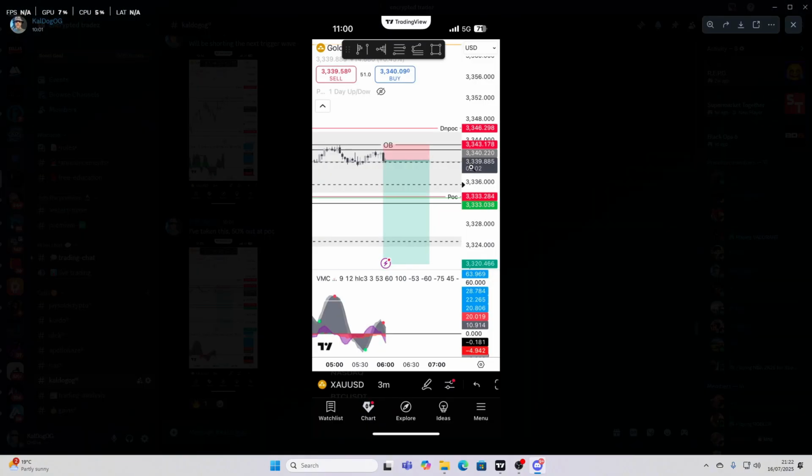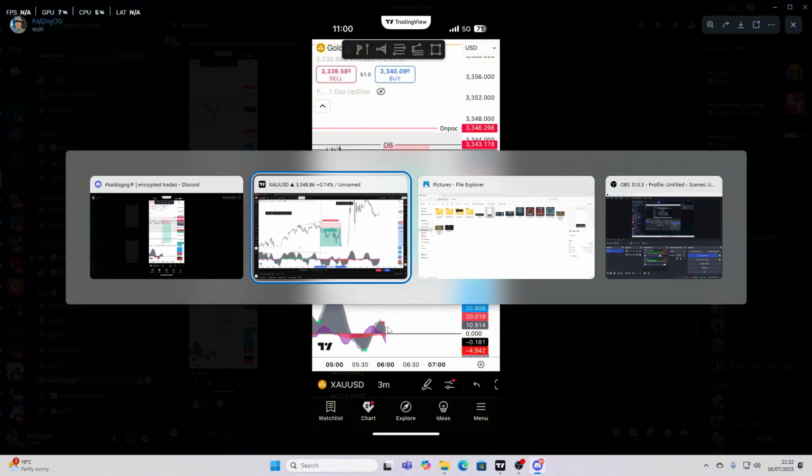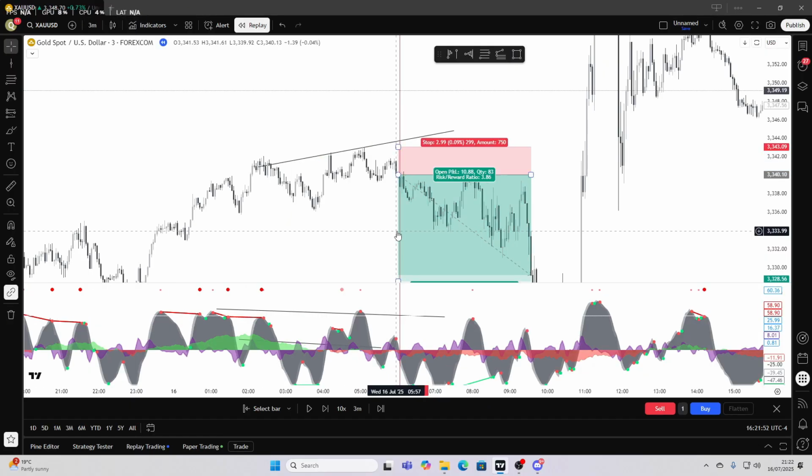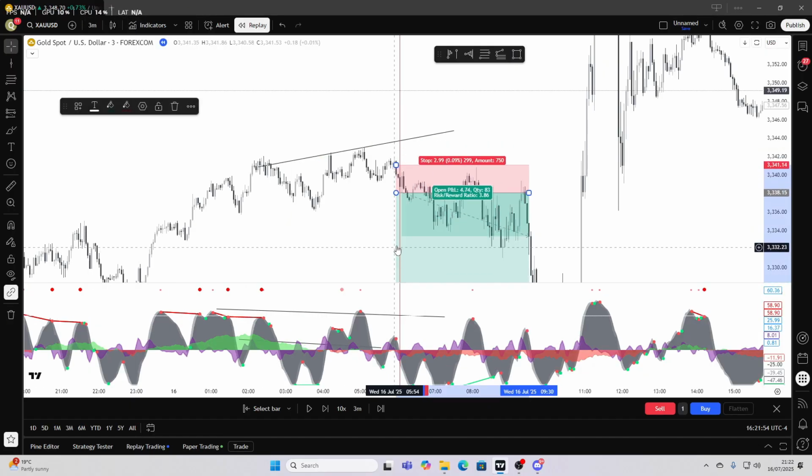So yeah, coming to the chart here, we see it entered at 3340. That line is there. We just printed that red dot on the 3 minutes. We'll go and see the 3 minutes right now. So there's a red dot here on the 3 minutes. So yeah, same place on the 5 and the 3.